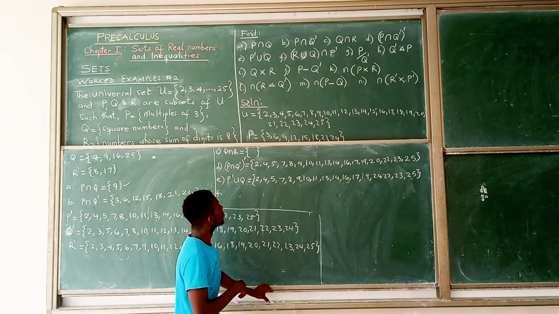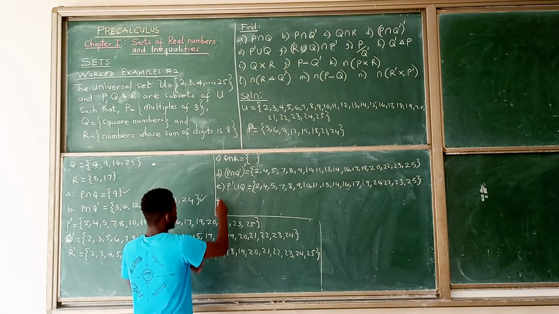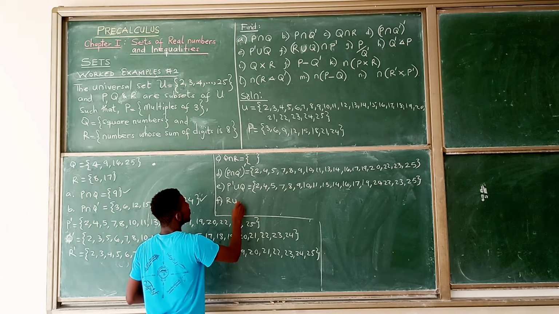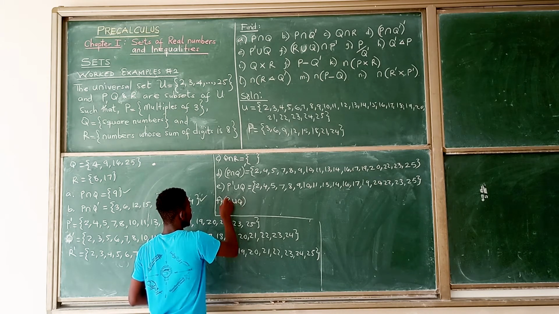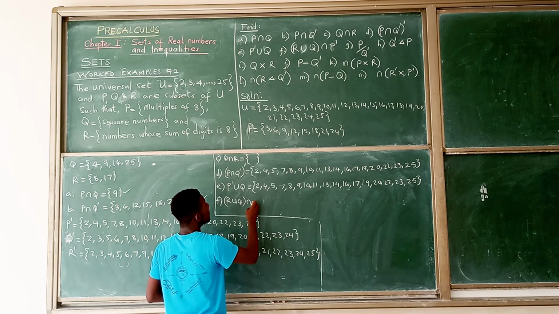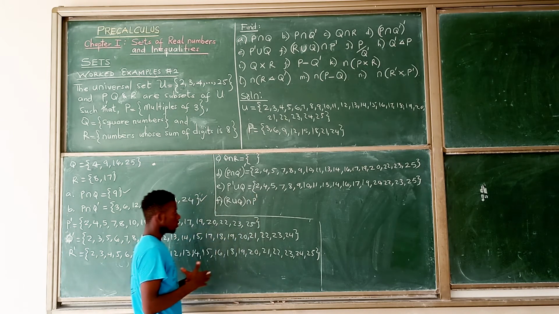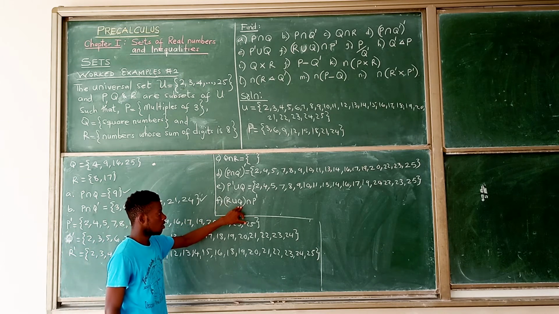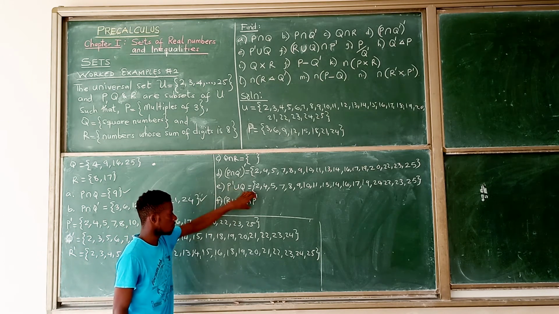So the solution for F: we have R union Q intersect P complement. The first thing we need to know are the elements of R union Q, and then we find the intersection of this set with P complement.